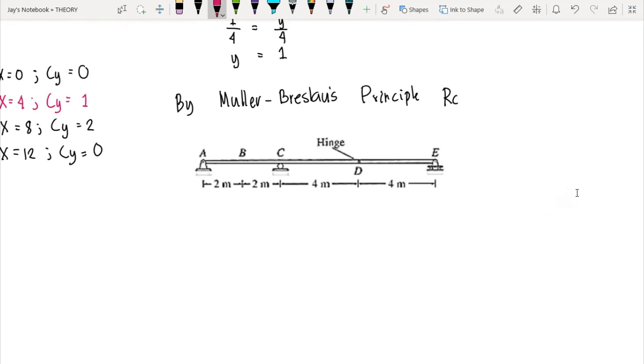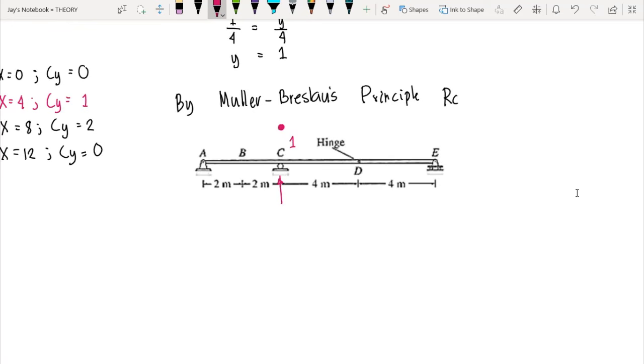Now, if we use the Muller-Breslau's principle in drawing the influence line of the reaction C, so again, we delete the reaction, or we delete the support at C, and then we apply a load upward. So that means there would be a movement of point C upward, and this movement is equivalent to 1 unit deflection.